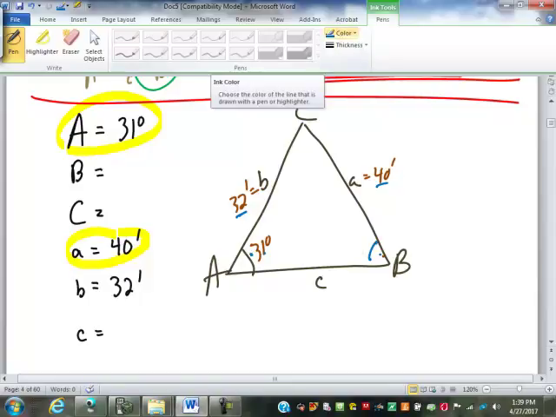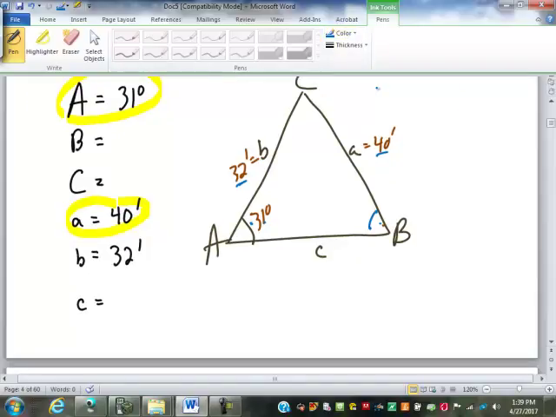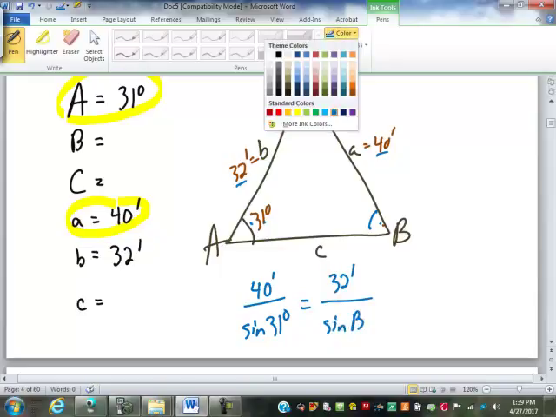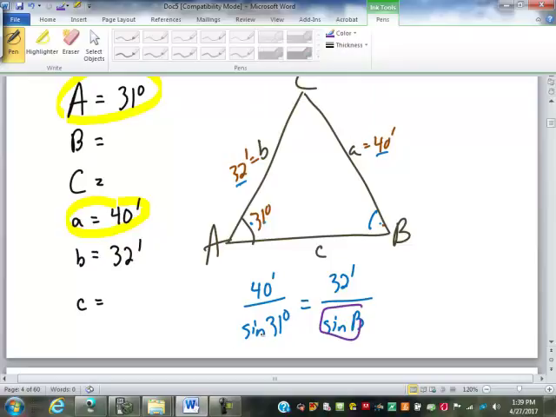So do we know a side and its opposite angle? Yes, we do. 40 feet over sine of 31 degrees. We have the 32 feet, so we have to be finding the sine of angle B. So again, we're solving for that.